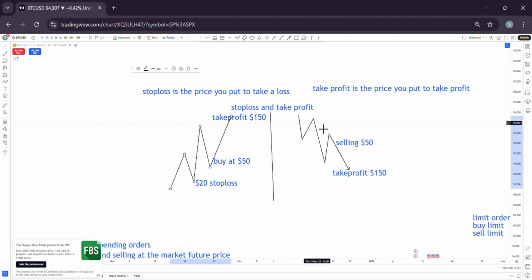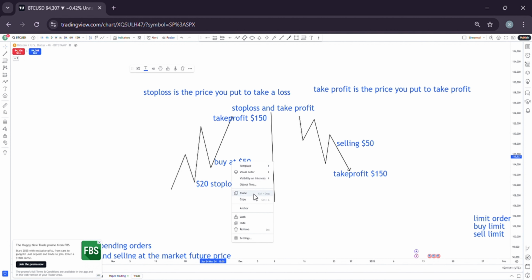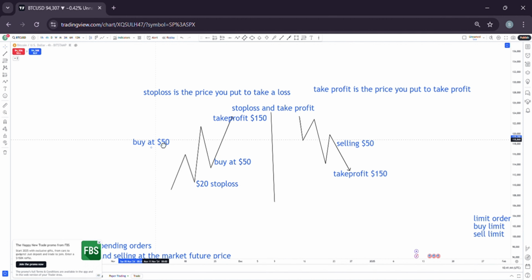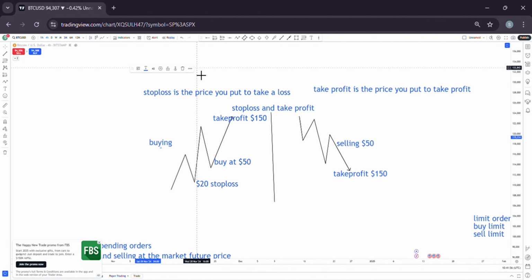Now, the other scenario is when you're selling. So this is a buy scenario. And also, the other one is when you're selling.